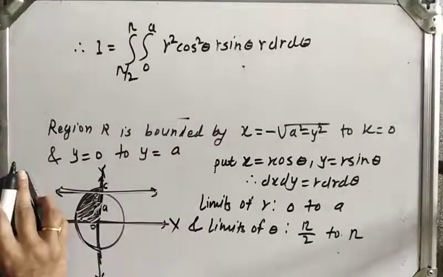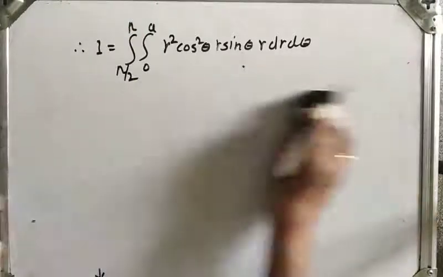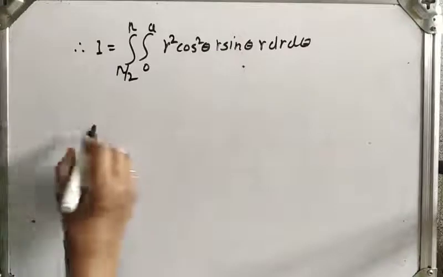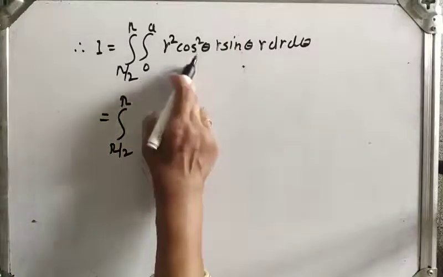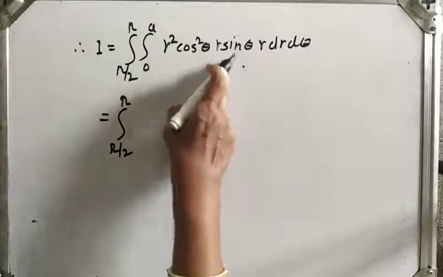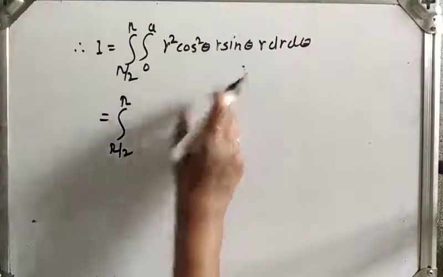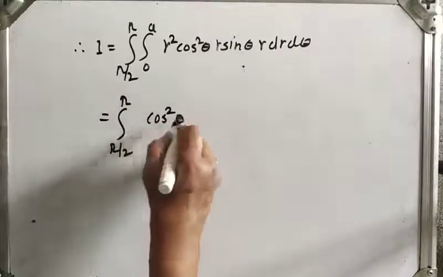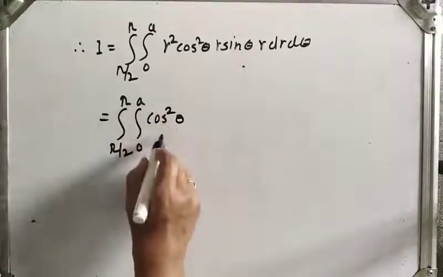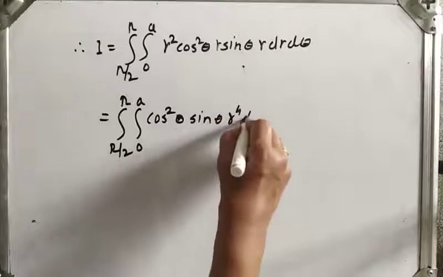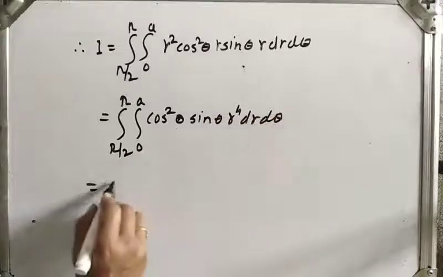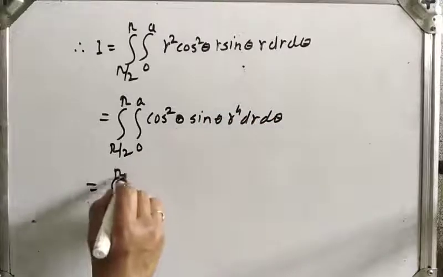Okay, now let us solve this integration, which is equal to the integral from pi by 2 to pi. So r square into r, that is r raised to 4. So this is the integral of cos square theta sin theta, r raised to 4 dr d theta, with r from 0 to a. First integrate with respect to r.